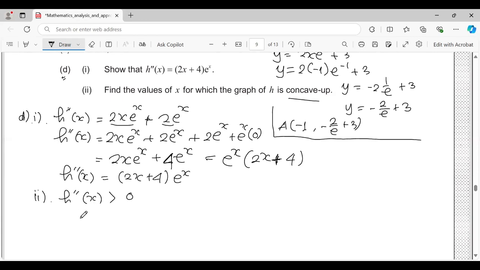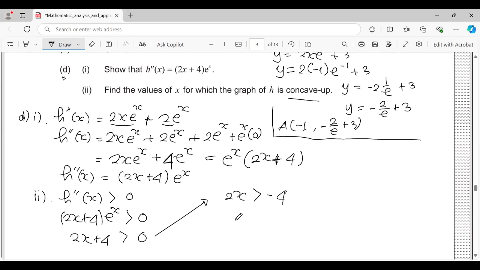So 2x plus 4 multiply e power x greater than 0. Or 2x plus 4 greater than 0. So 2x greater than minus 4. x greater than minus 2. This.